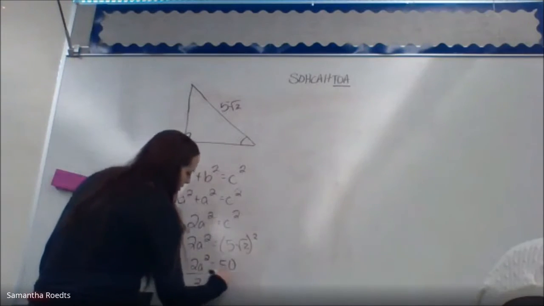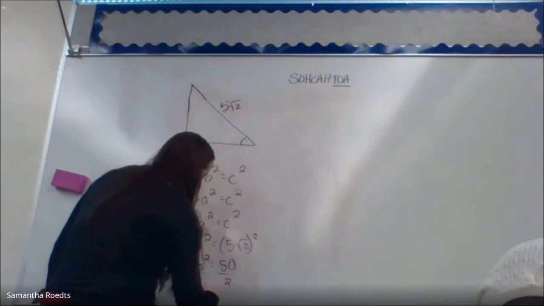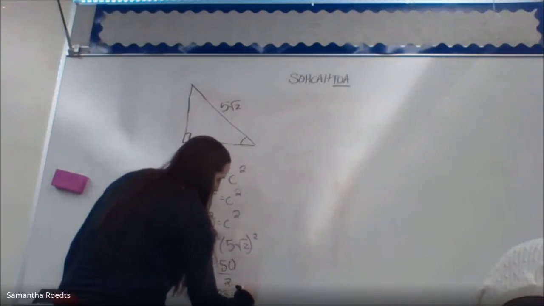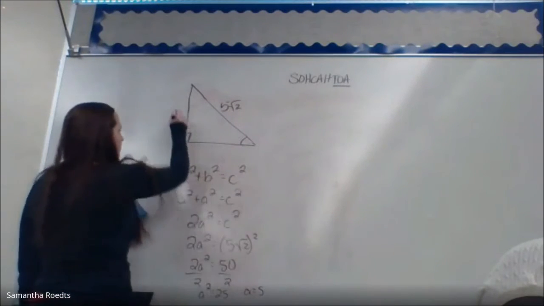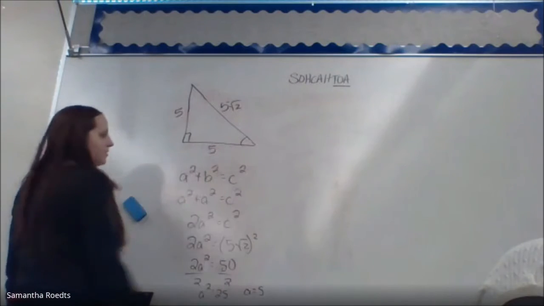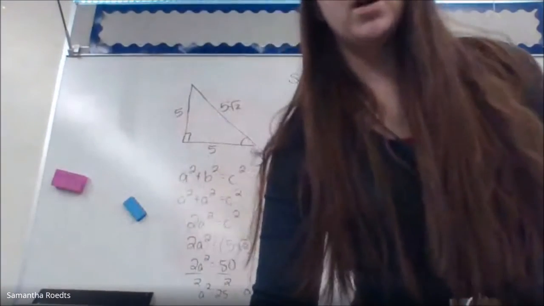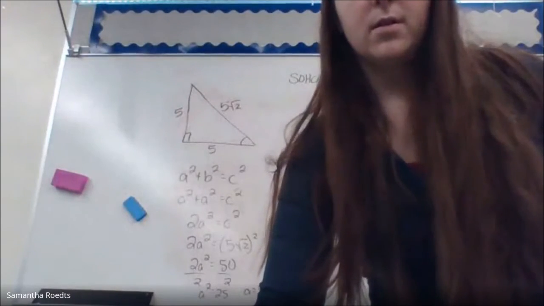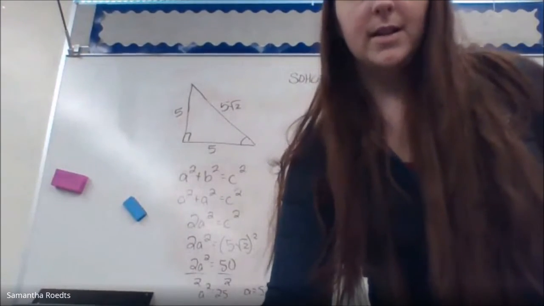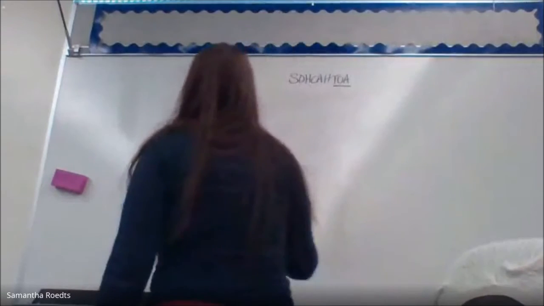I divide both sides by 2. So a squared is 25. So a equals 5. So this is 5 and this is 5. Then they asked me for sine and secant.